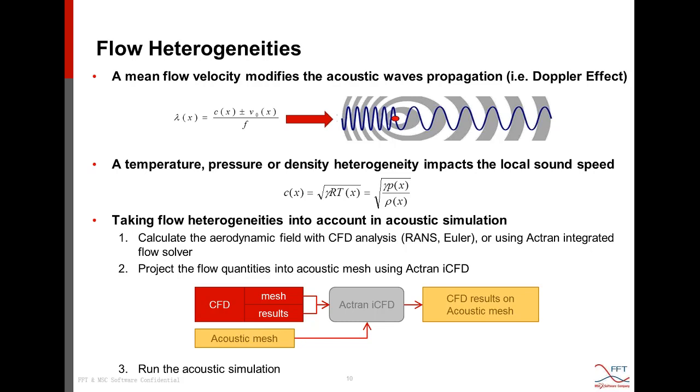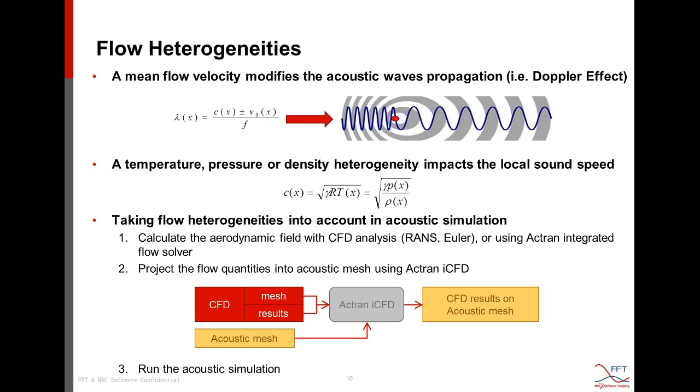In the flow mapping, the first step is to calculate all those aerodynamic fields, including velocity, temperature, pressure, and density, either in a commercial CFD code or in the Actran flow solver. If we have a potential flow, for example at the intake, we can use Actran for the calculation. Of course, we can also use a CFD solver.